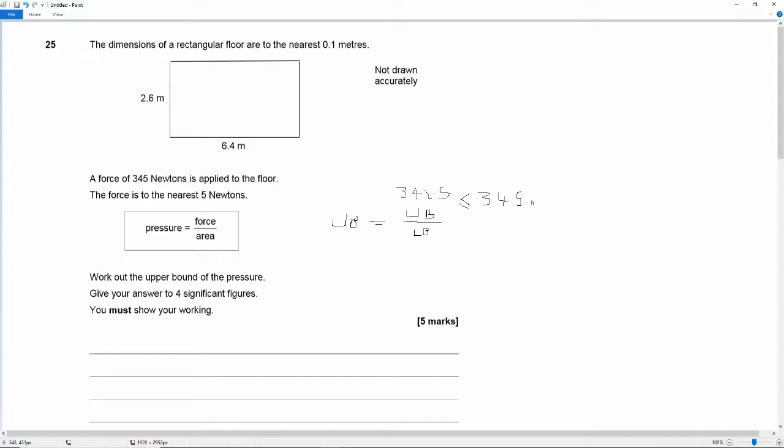Basically it's to the nearest 5 newtons, so I've halved 5 newtons to make 2.5 newtons, and I've taken away 2.5 and I'm going to add 2.5. So this is less than, it can't be exactly, but it could be less than 345 plus 2.5 is 347.5. So that's our force.